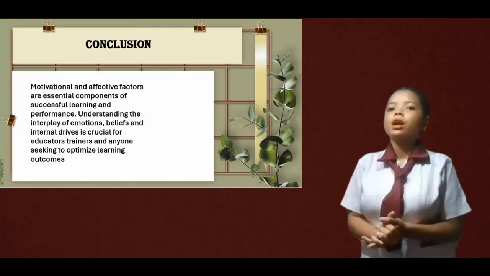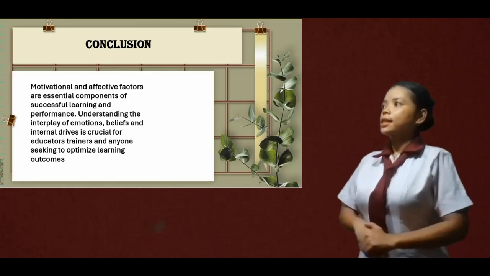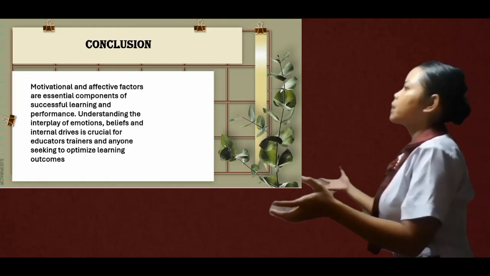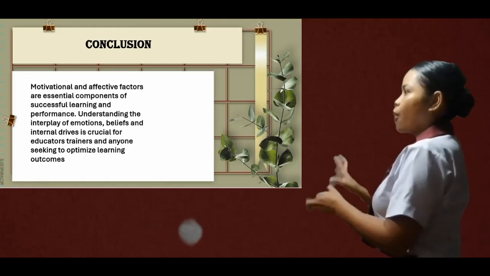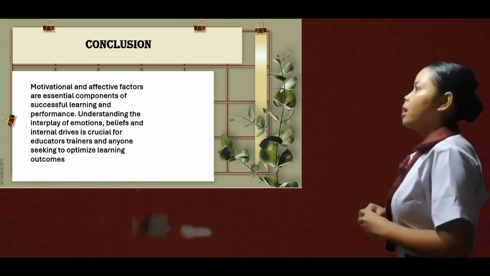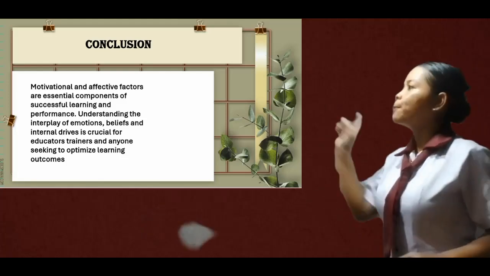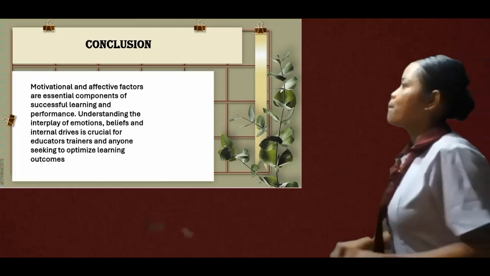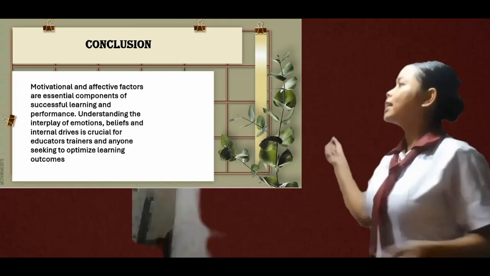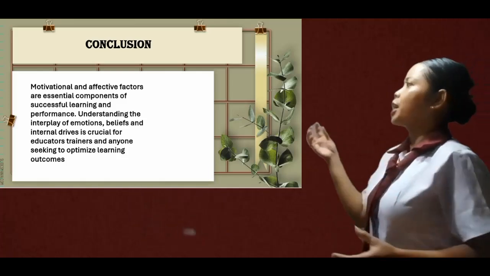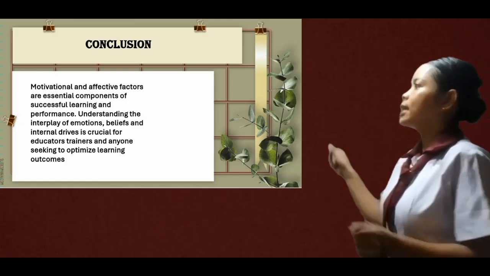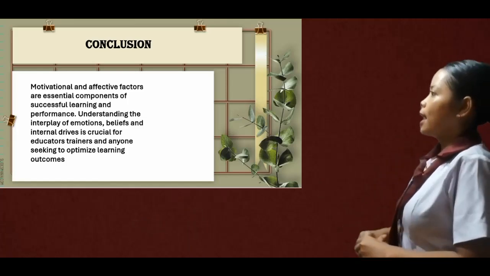I also have a conclusion for this. Motivational and affective factors are essential components of being a successful learner and performer. Understanding the interplay of emotions, beliefs, and internal drives is crucial for educators, trainers, and anyone seeking to optimize learning outcomes.